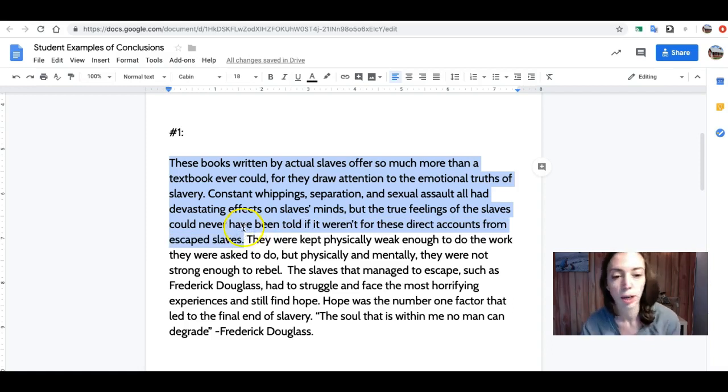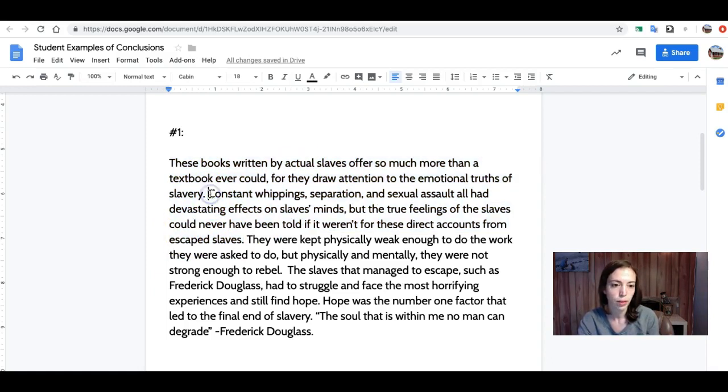So if you notice here, what I'm detecting is that this is his thesis rephrased, all right? He's talking about the constant whippings, the separations that occurred, sexual assault, how all of these things together had devastating effects on slaves' minds, okay? So that to me feels like a thesis statement that's been restated here.